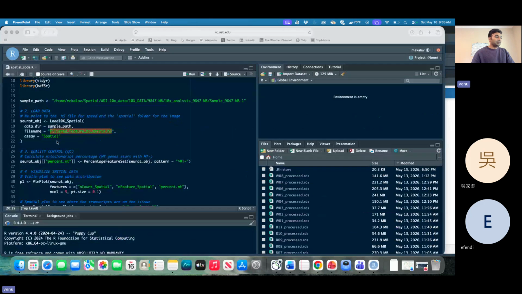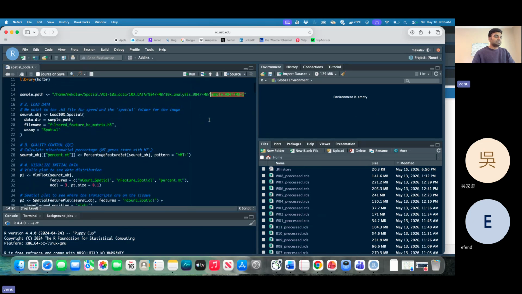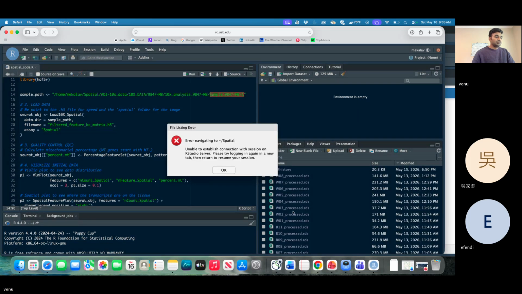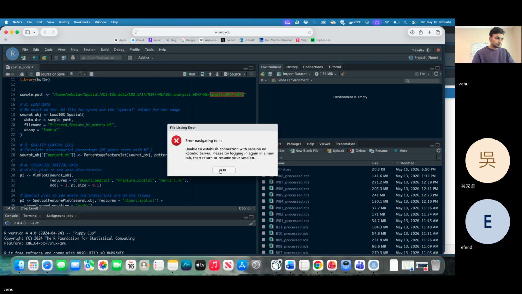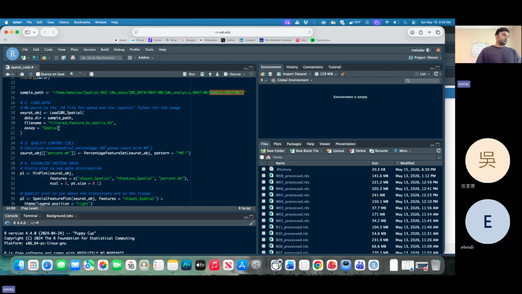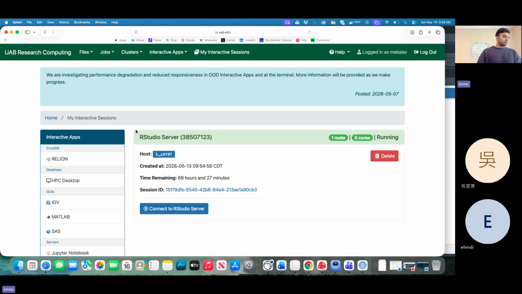Then there is a spatial folder within this sample one. So each sample, let's dive into that. I need to log in again. Within the spatial folder, we have the image information. Let me see how it's.